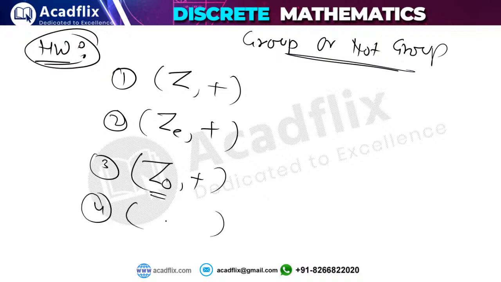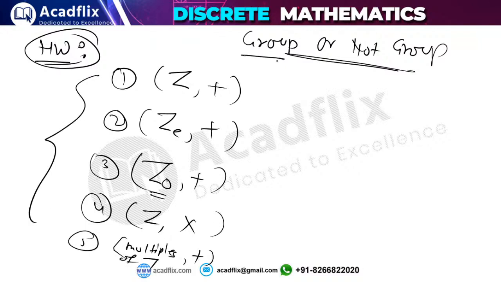The next question is Z under multiplication. The next is multiples of 7 under addition. These 5 questions you can check, to find whether each is a group or not.